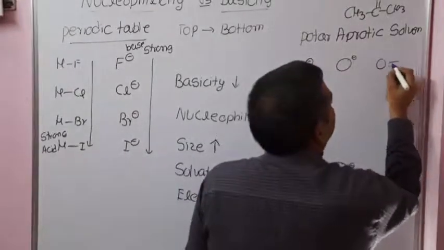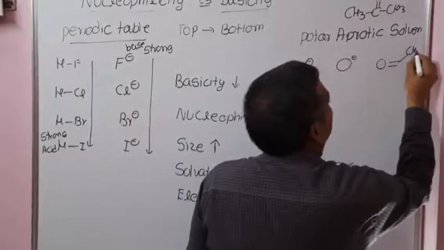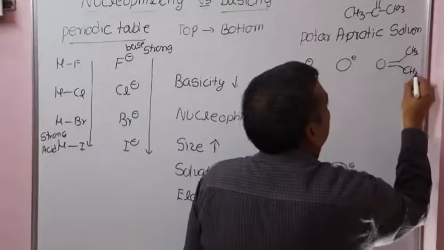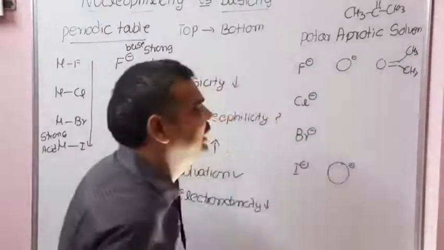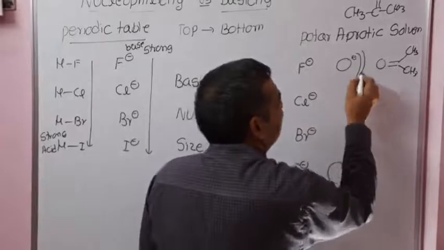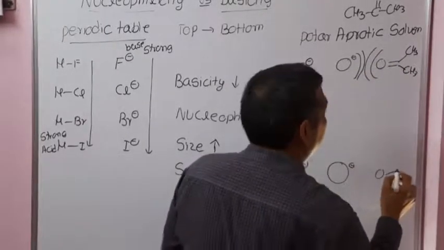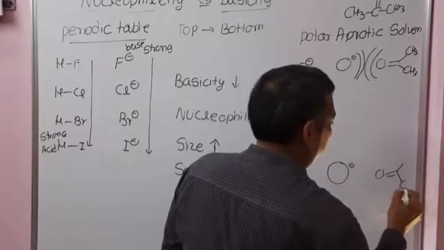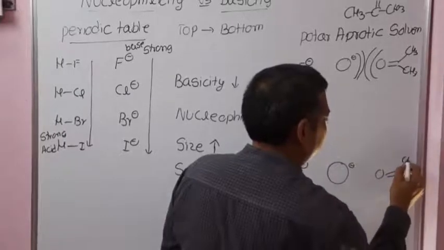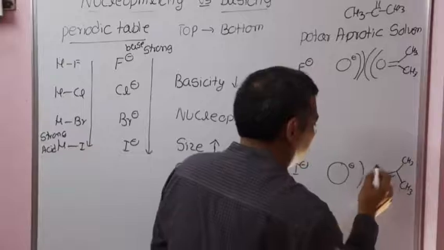In any aprotic solvent, since electron density is more in fluorine, there are more repulsions with the polar aprotic solvent. Whereas here, since electron density is less, repulsions are less.